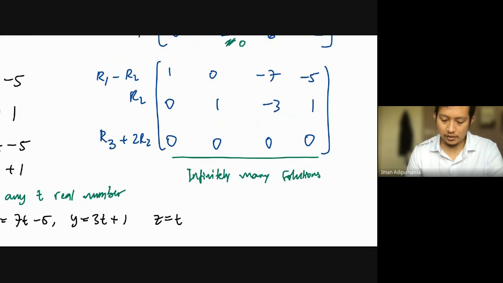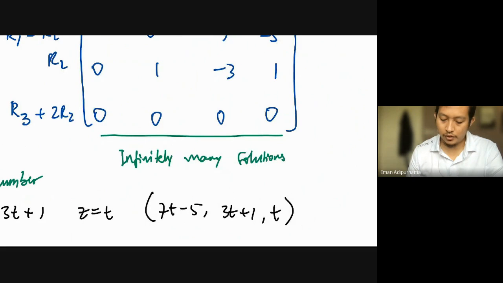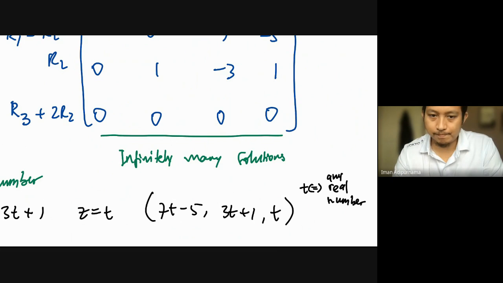So we can just write the solution as 7t minus 5, 3t plus 1, and t, where t is any real number. And this will become parametric equations.